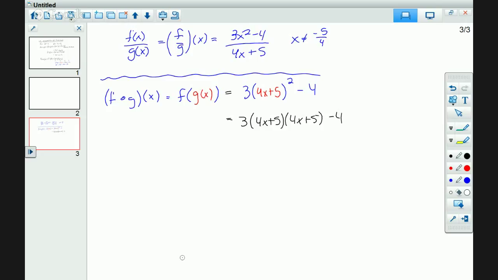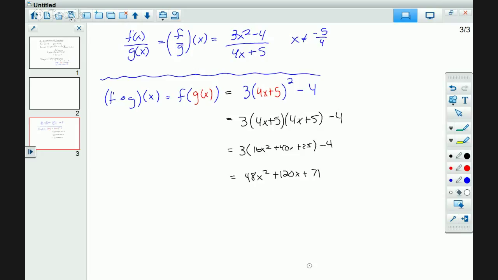Almost there. That's correct. Good to go.